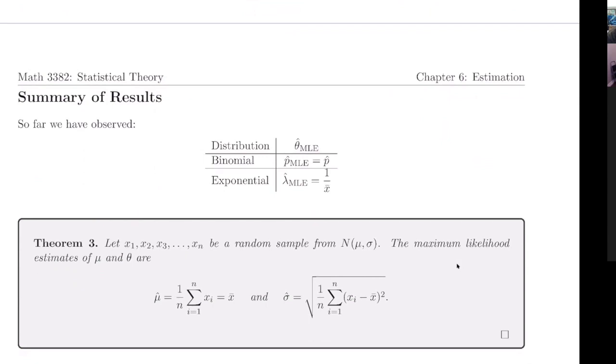And when you do that process, you'll find that the maximum likelihood estimate for the mean of a normal distribution is the mean of the sample, and the estimate for the standard deviation of the population is the standard deviation of the sample. So we get similar things funneling through that. In other words, our estimators make sense. If you want to, this proof is done in the book, and it requires multivariable calculus because we have more than 1 parameter involved.